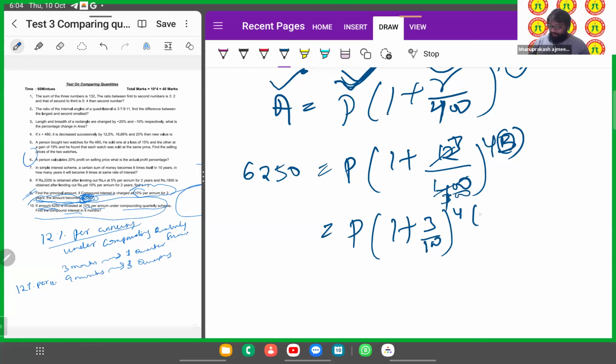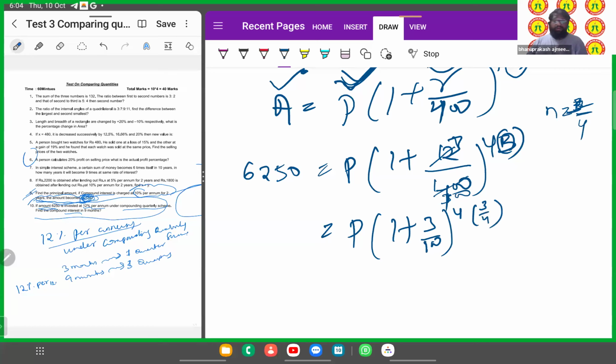So 3 quarters means n is 12 by 4, so that is 3 by 4.